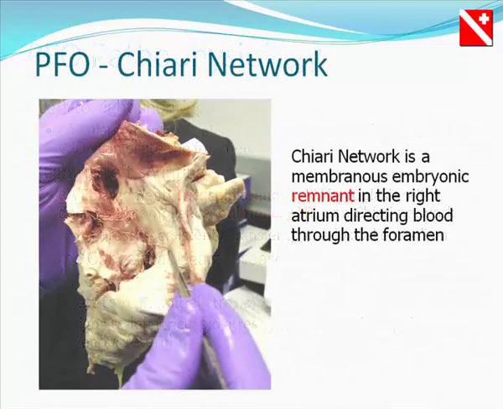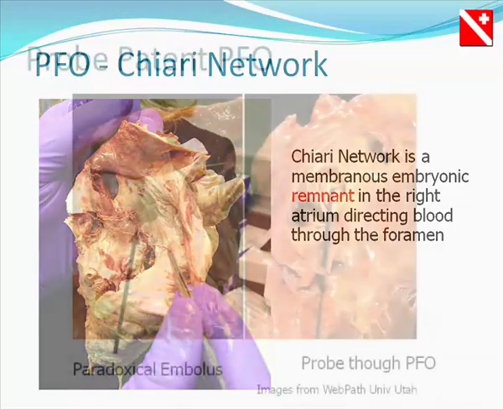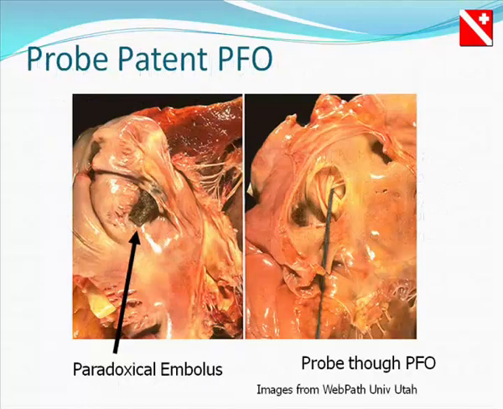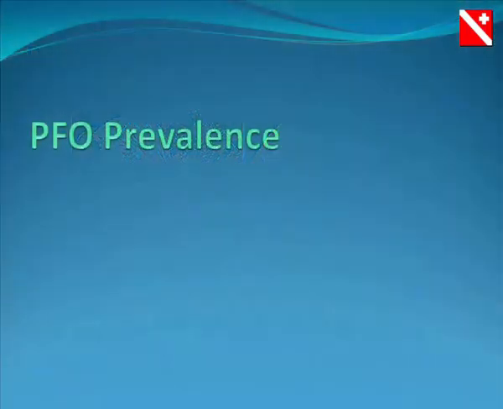There's an embryological remnant called the Chiari network that may persist and keep people in a state of partial shunting. So it's really gee whiz information for the most part. And in severe cases, we are familiar with paradoxical embolism that may even occur as a result of a patent foramen ovale. All right, so that's the anatomy background.